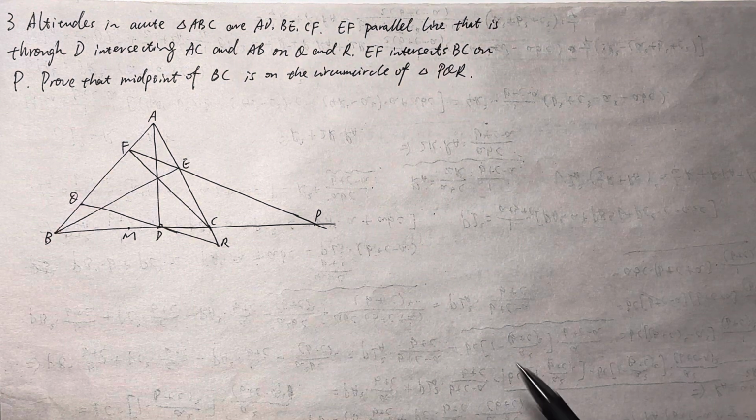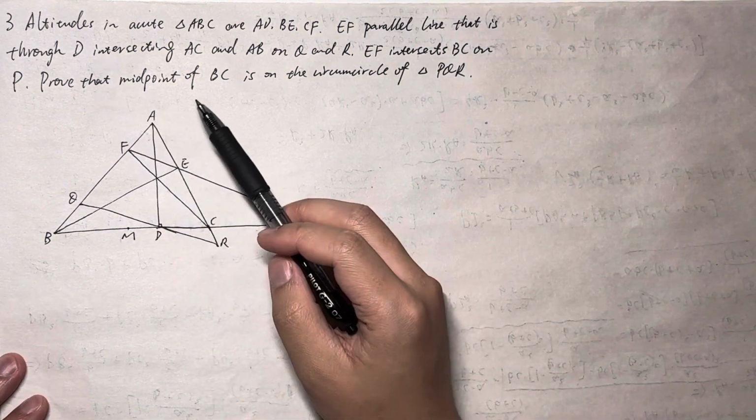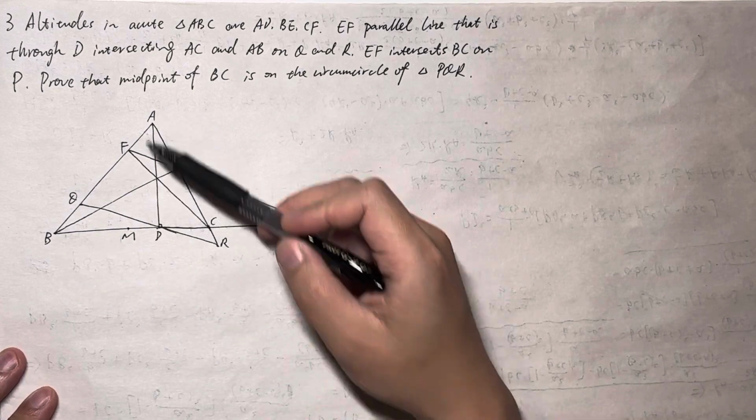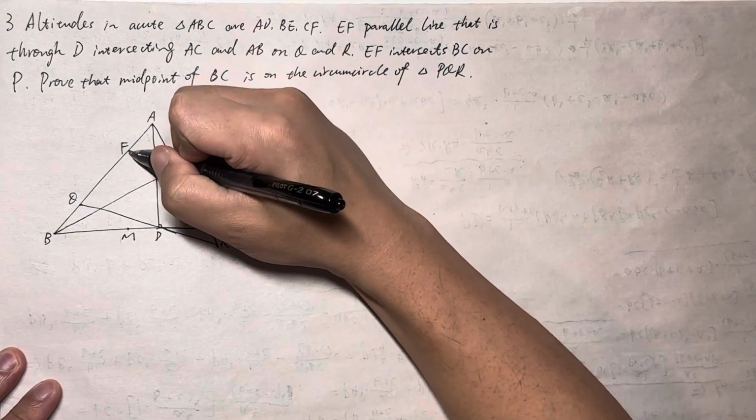Here is a problem. Three altitudes in acute triangle ABC are AD, BE, CF.